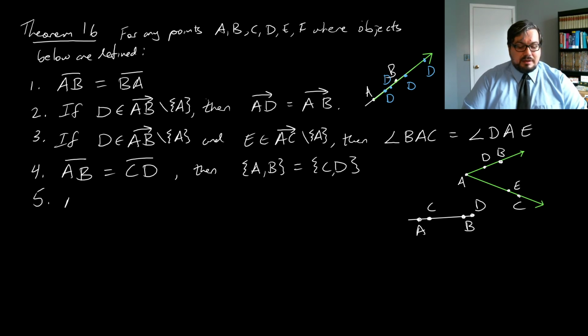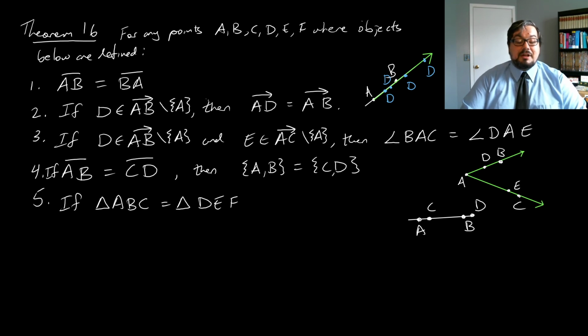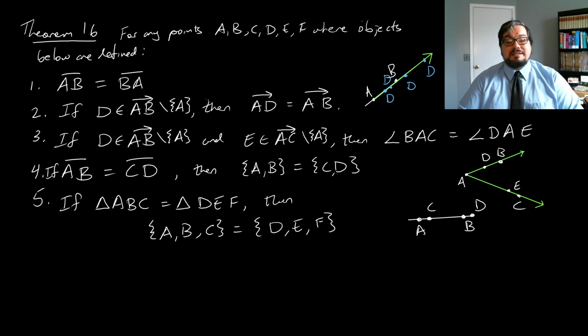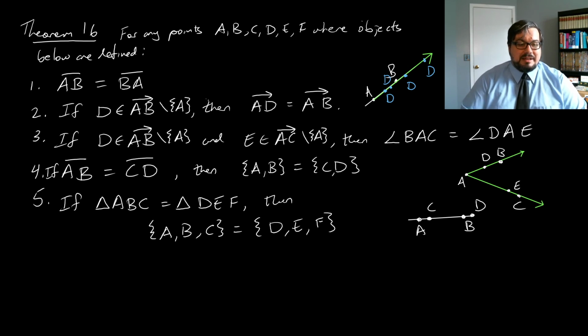Similarly, if triangle ABC equals triangle DEF, if I've got two different ways of describing a triangle, then the set of vertices ABC is equal to the set of vertices DEF. So this means that a triangle is entirely determined by its vertices.